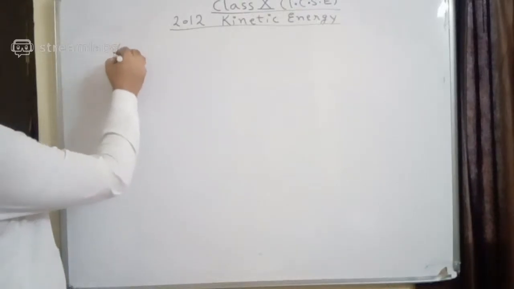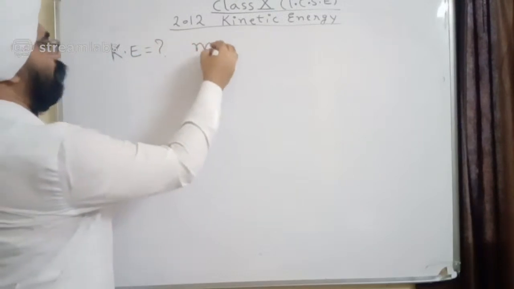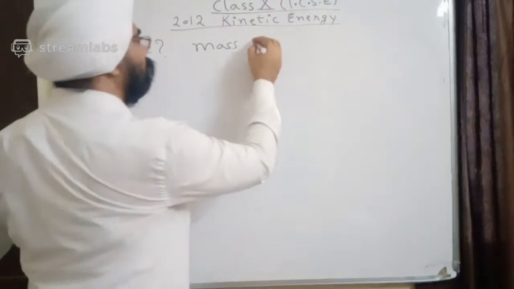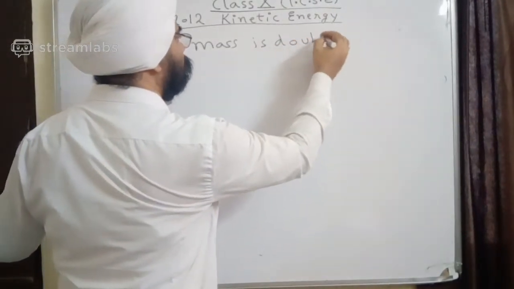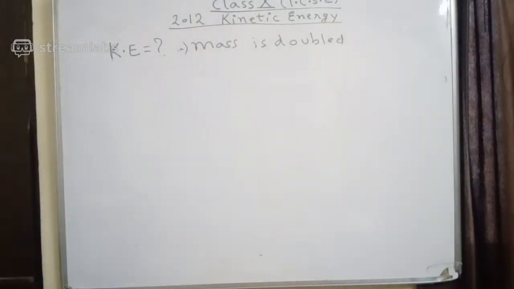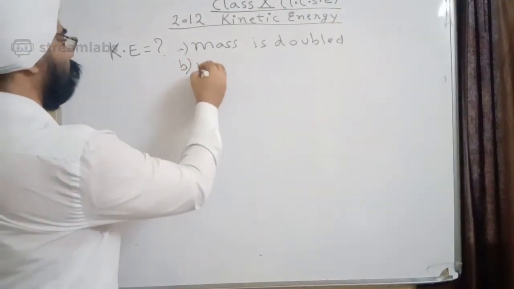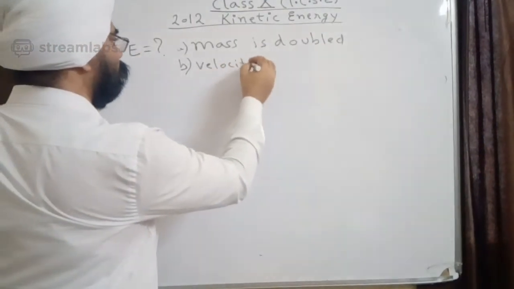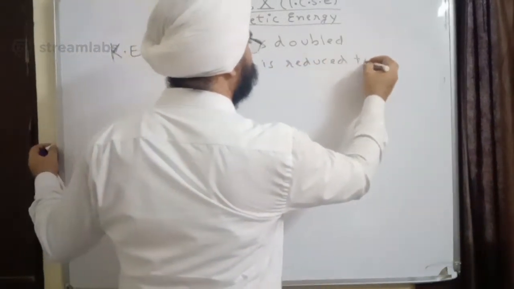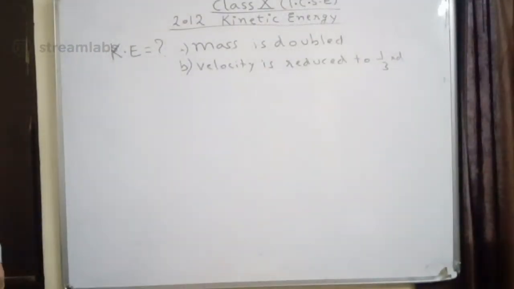They are asking what happens to the kinetic energy if the mass is doubled, that is A, and then its velocity is reduced, that is B, to 1/3 of the initial velocity.